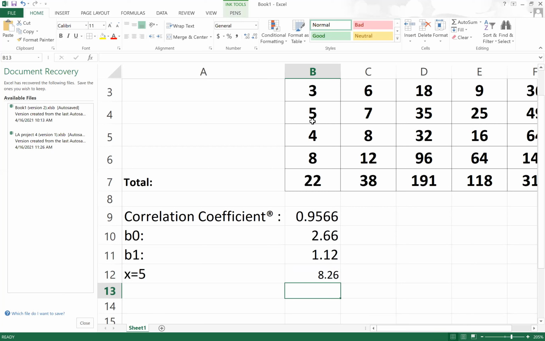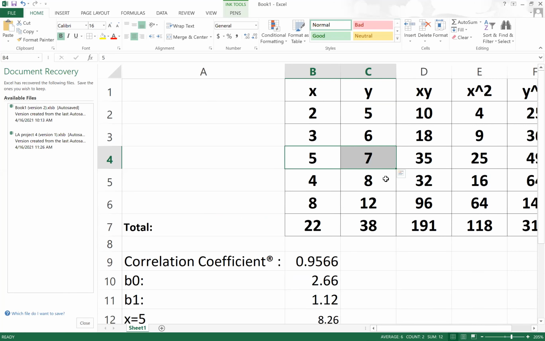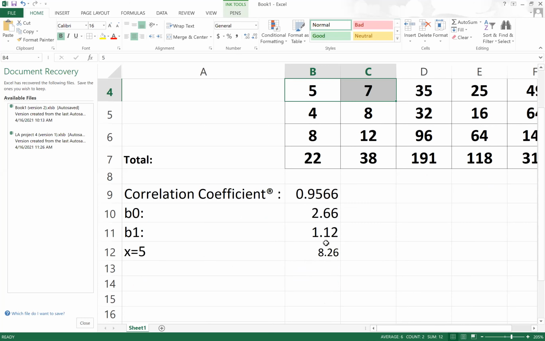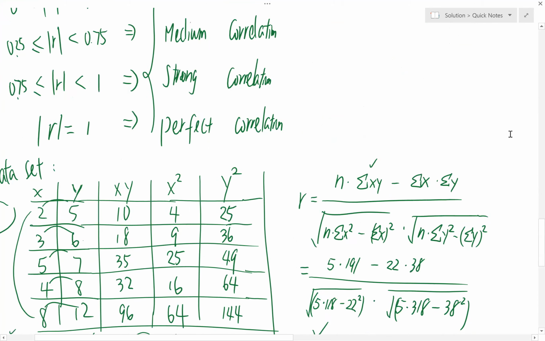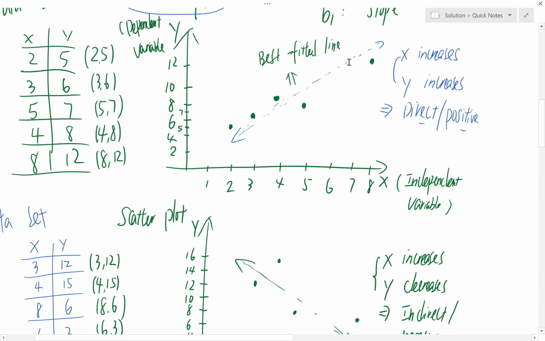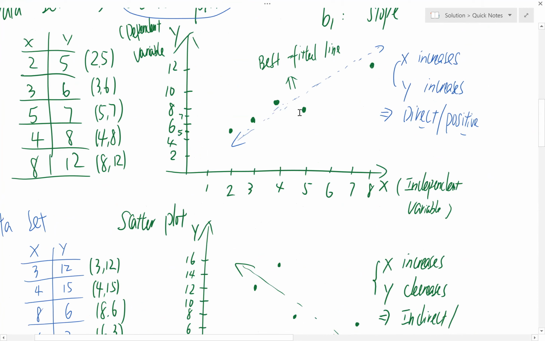Think about it. In our original data set, when x equals 5, we're supposed to have the actual y value of 7. However, using this regression model, we get a predicted y value of 8.26. So again, the model does not capture all the points on the line. We try to fit a regression model here, and none of these points is on the line, right?